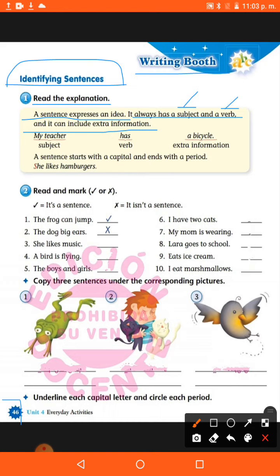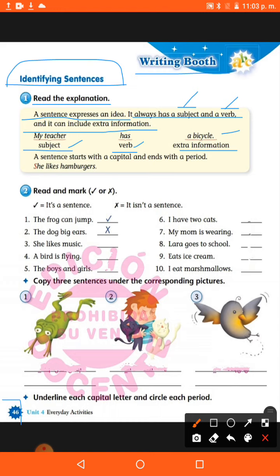And here you have an example. My teacher has a bicycle. My teacher is the subject, has is the verb, and the complement or the extra information is a bicycle.